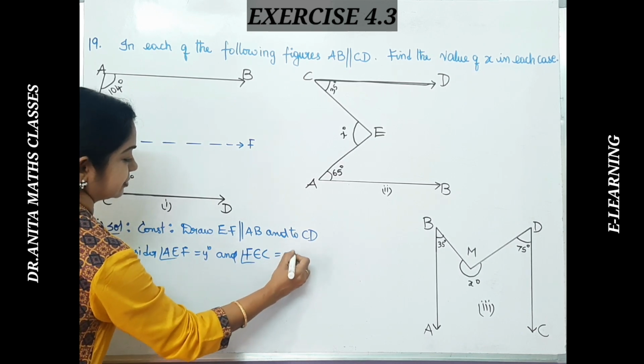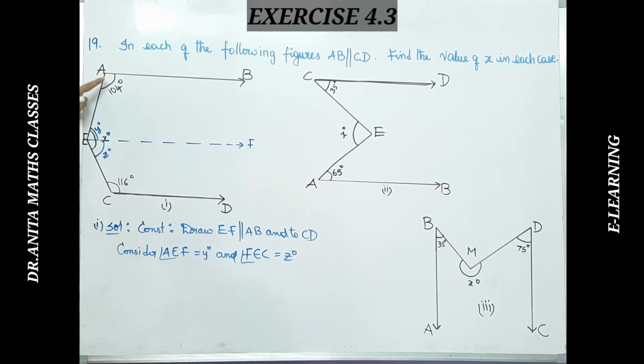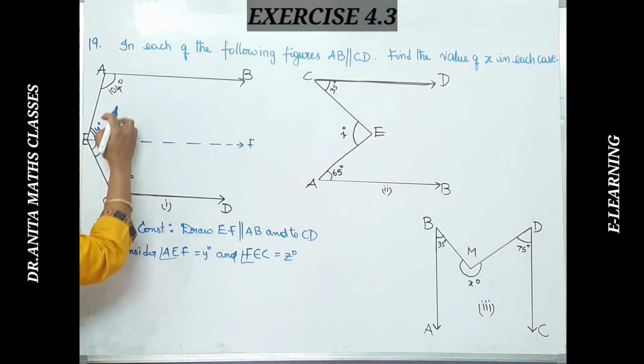Now here if you see, AB is parallel to EF, so angle A and angle y are the interior angles on the same side of the transversal, which is equal to 180.